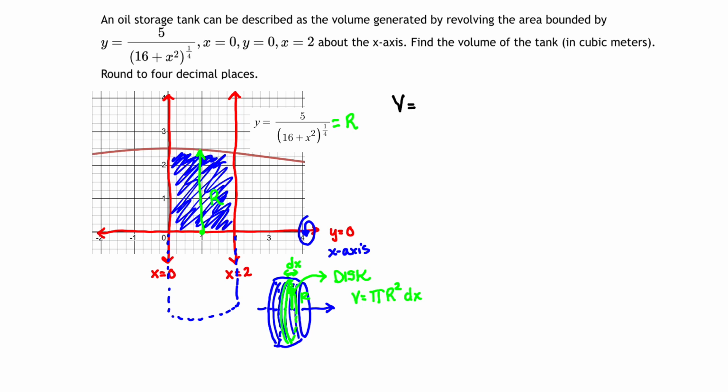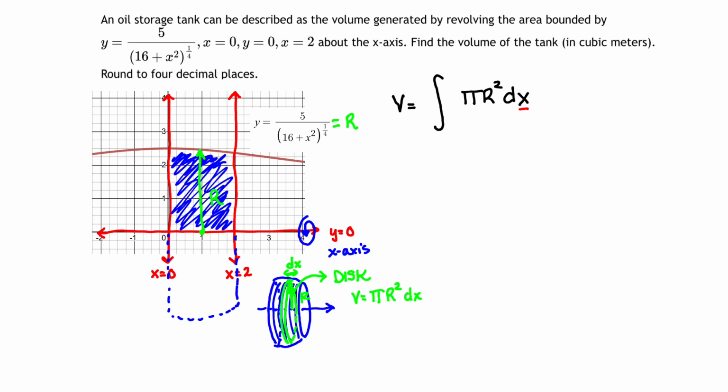When we're getting a volume, we're adding up all those individual disks. So we're summing infinitely many disks. And what are we summing? We're summing the volume of each disk, which would be pi r squared. And because we're cutting perpendicular to the x-axis, the thickness is dx.